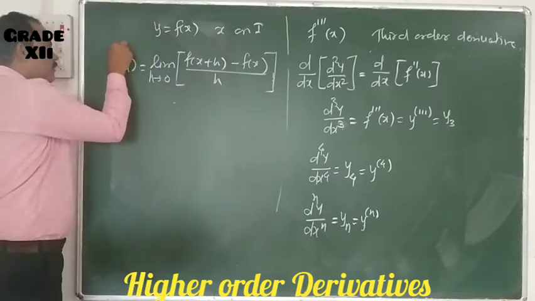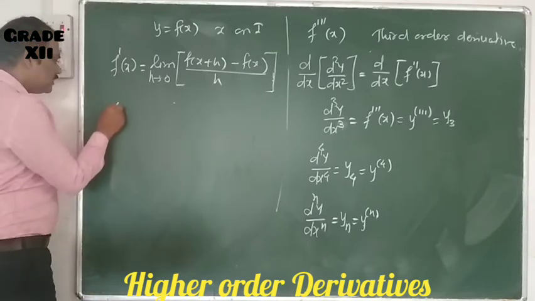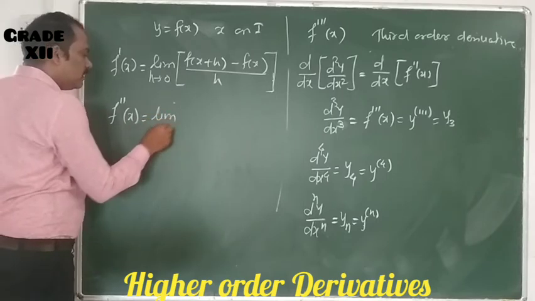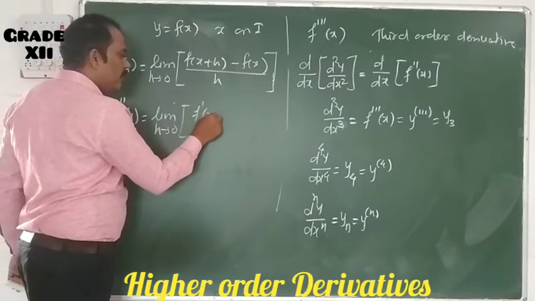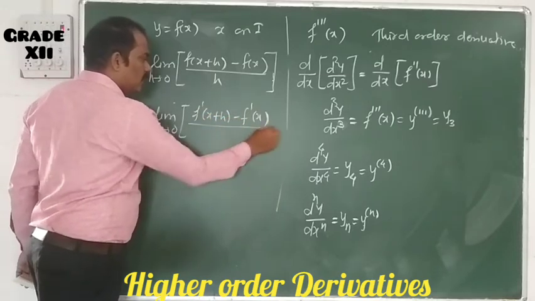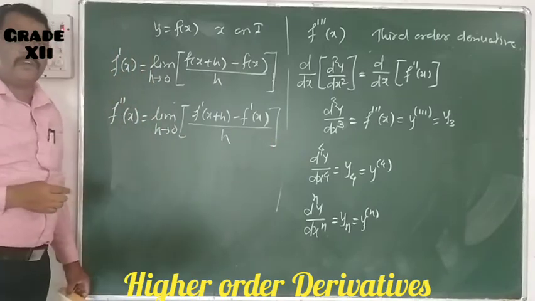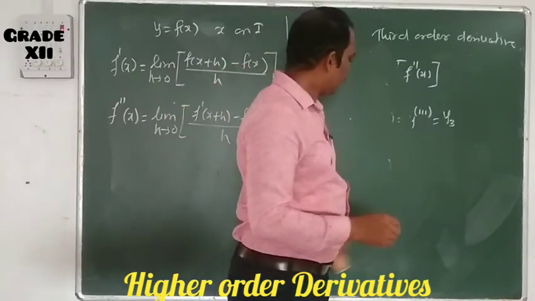If this f dash of x is again a differentiable function with respect to x, then its second order derivative is f double dash of x, that is limit as h tends to 0 of f dash of x plus h minus f dash of x divided by h, according to the first principle of derivative. In short, we just revise that.